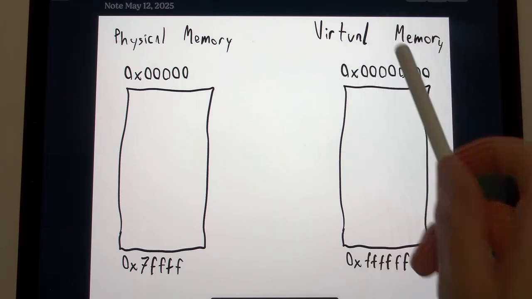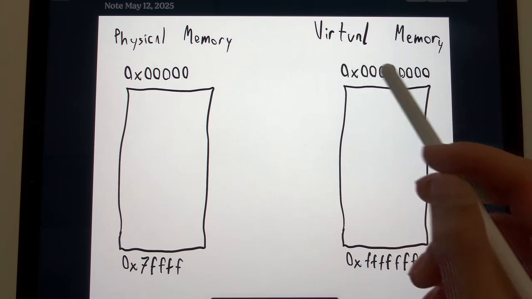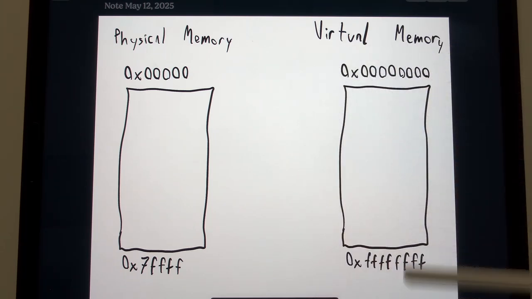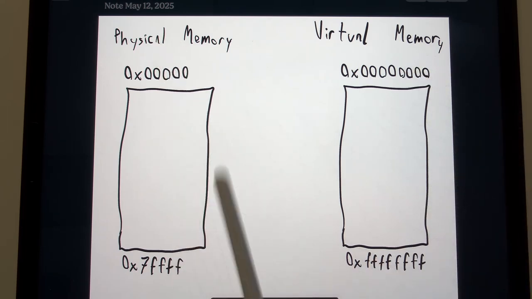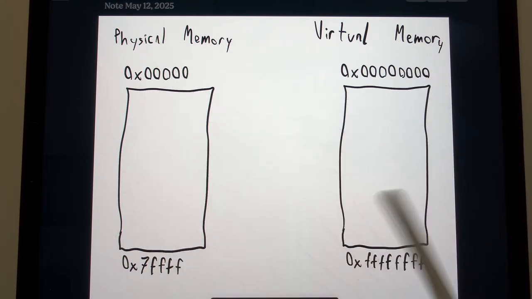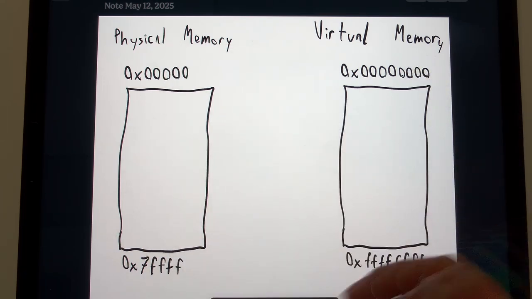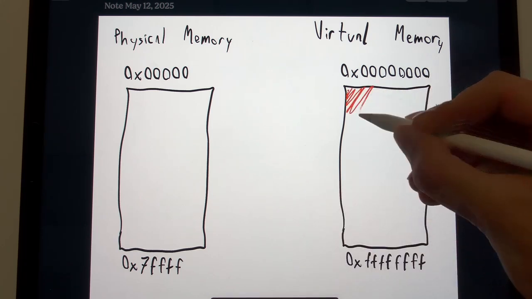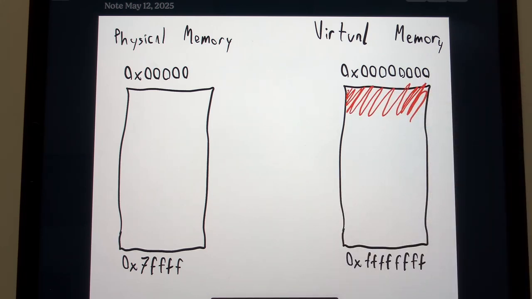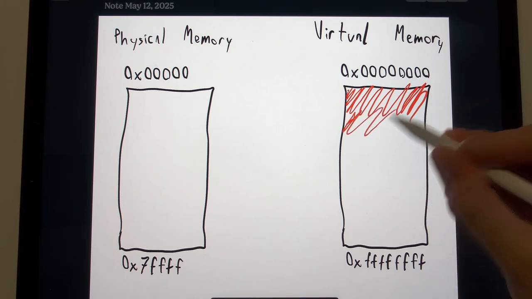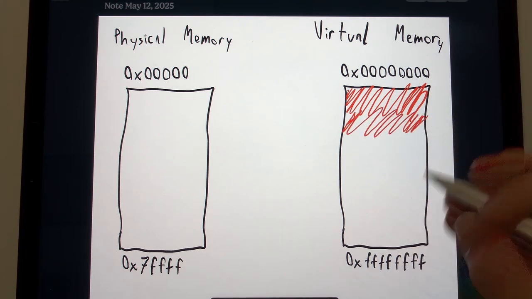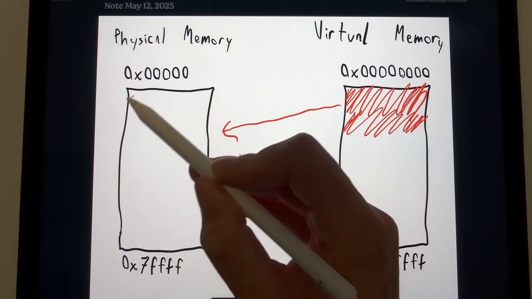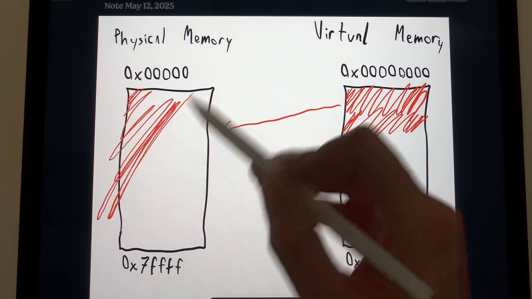The user program effectively imagines that it has this full 32-bit address space, when in truth our physical address space is much smaller. So if I start filling up the virtual memory space, as the program did, this gets mapped onto the physical memory using a special algorithm.